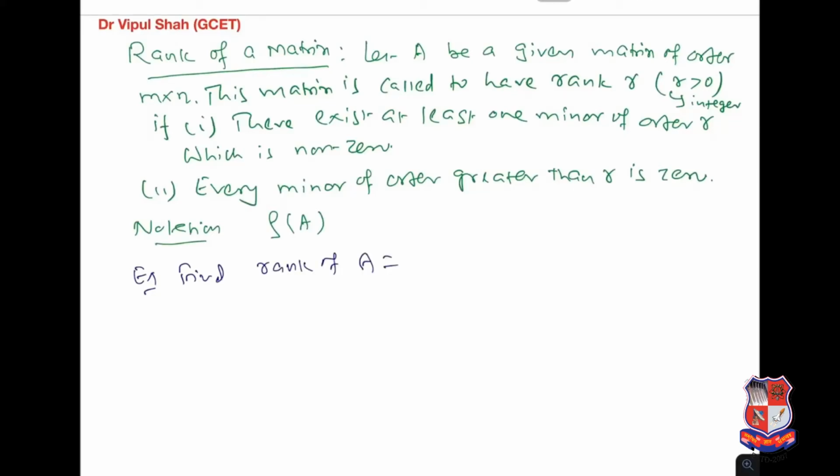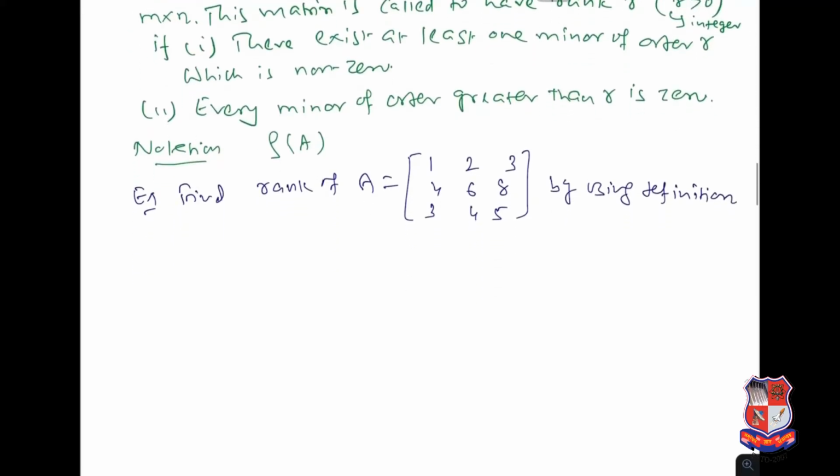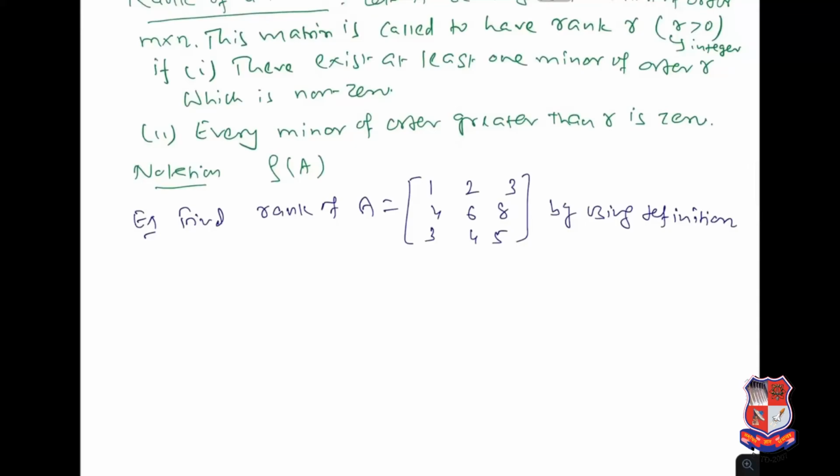So let us take the example here: find the rank of A equal to 1, 2, 3, 4, 6, 8, 3, 4, 5 by using the definition.